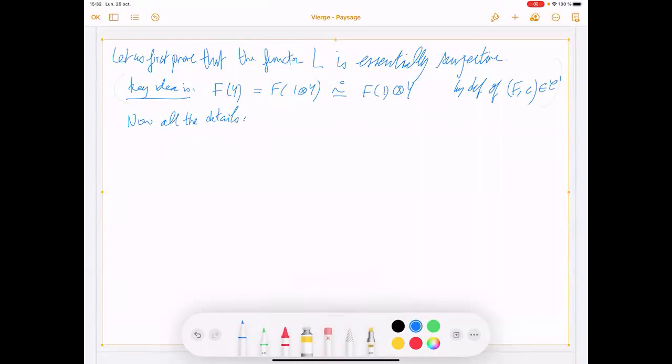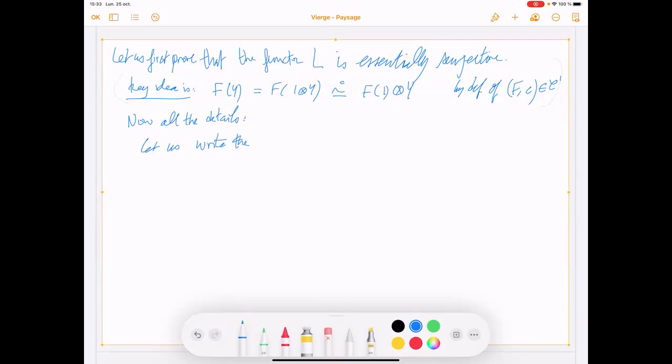Okay. So let us write the monoidal structure. So what is that?